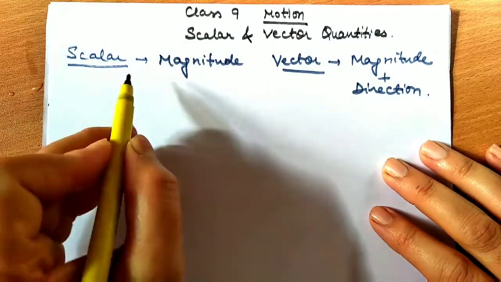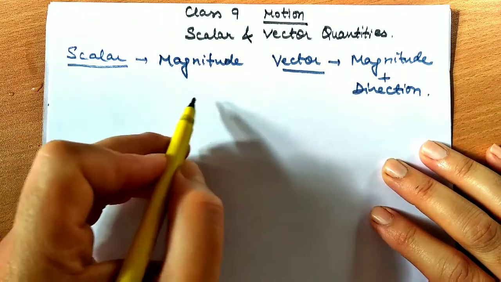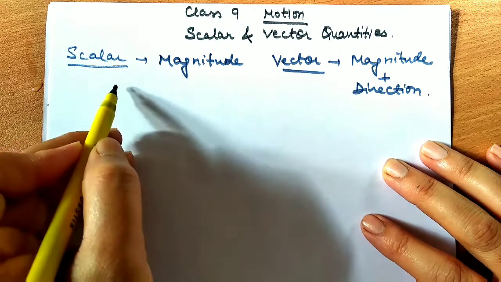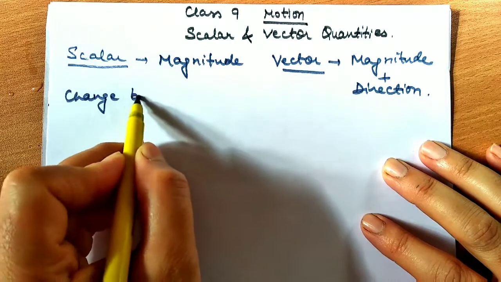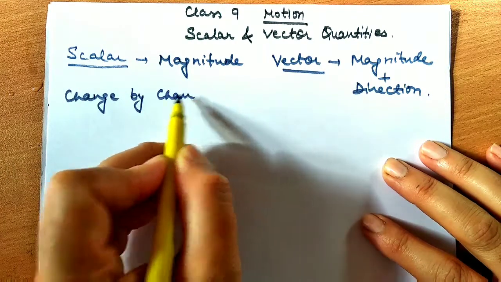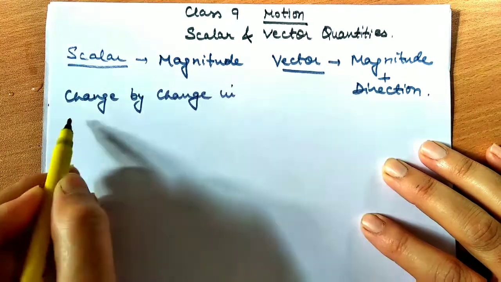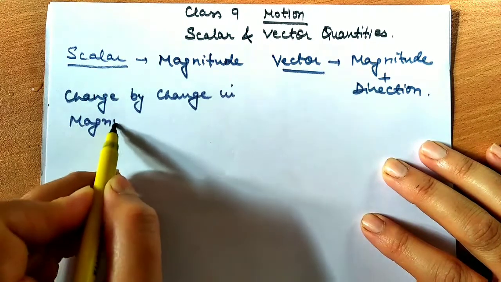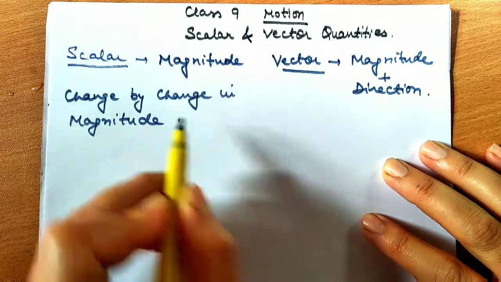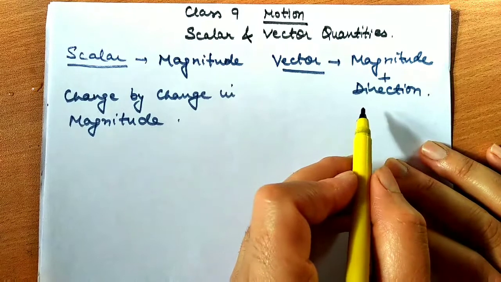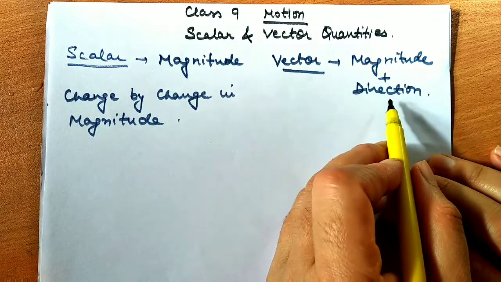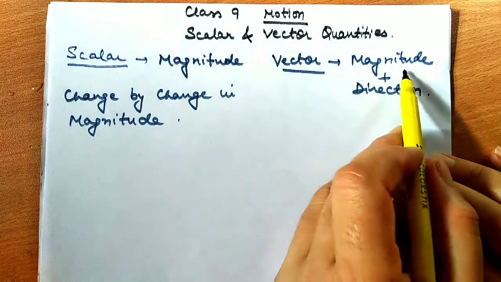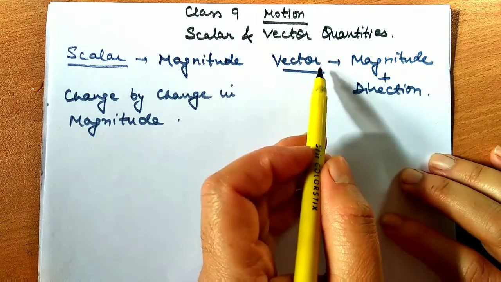A scalar may change by change of its magnitude. That means if I change the magnitude, its value will also change. So if I change the value, the quantity will also get changed. A vector quantity changes by change of either the magnitude or the direction. That means even if I change the magnitude only, the quantity may change.